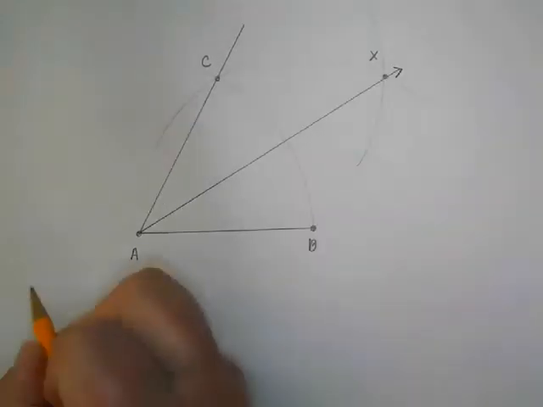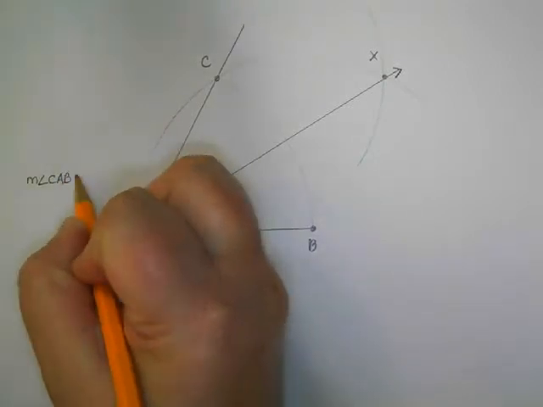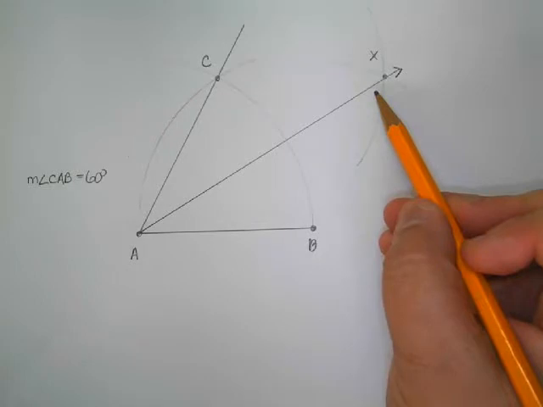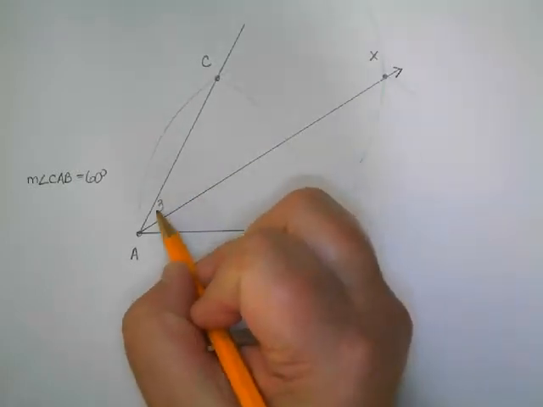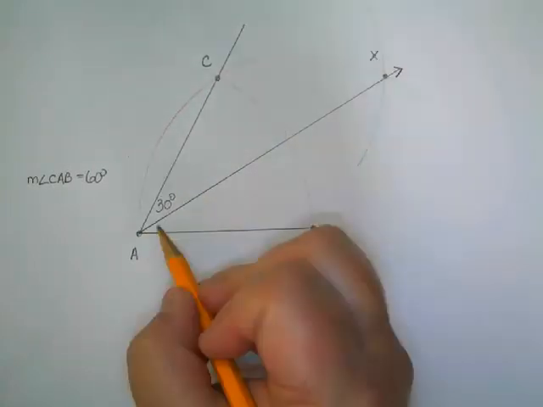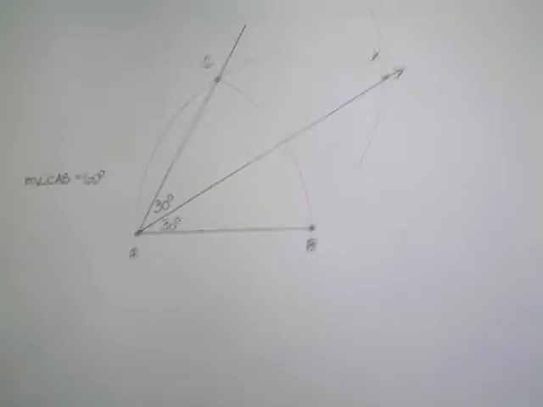Now the measure of angle CAB was 60 degrees. AX bisected that angle, so the measure of both of these angles, angle CAX and angle XAB, are 30 degrees.